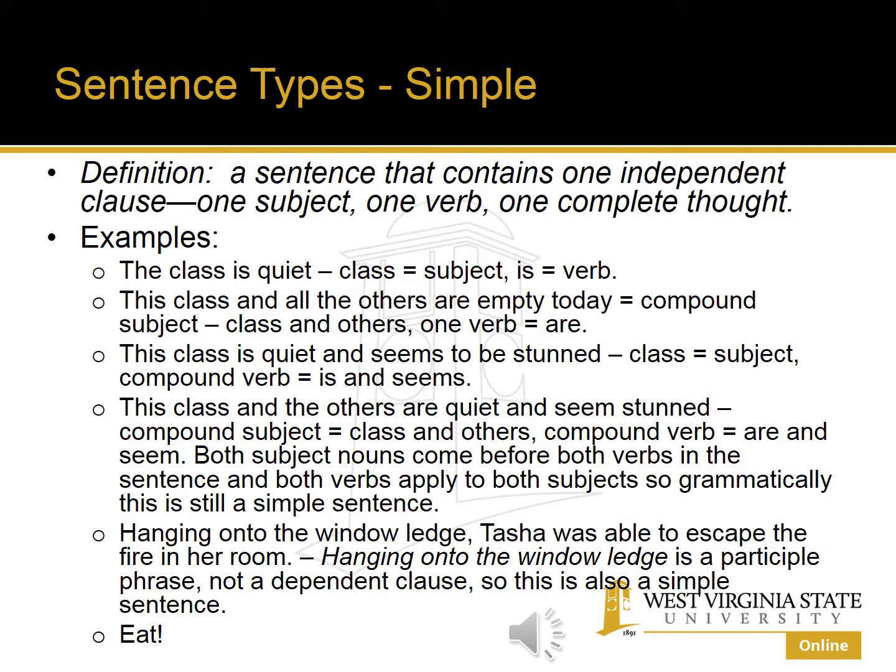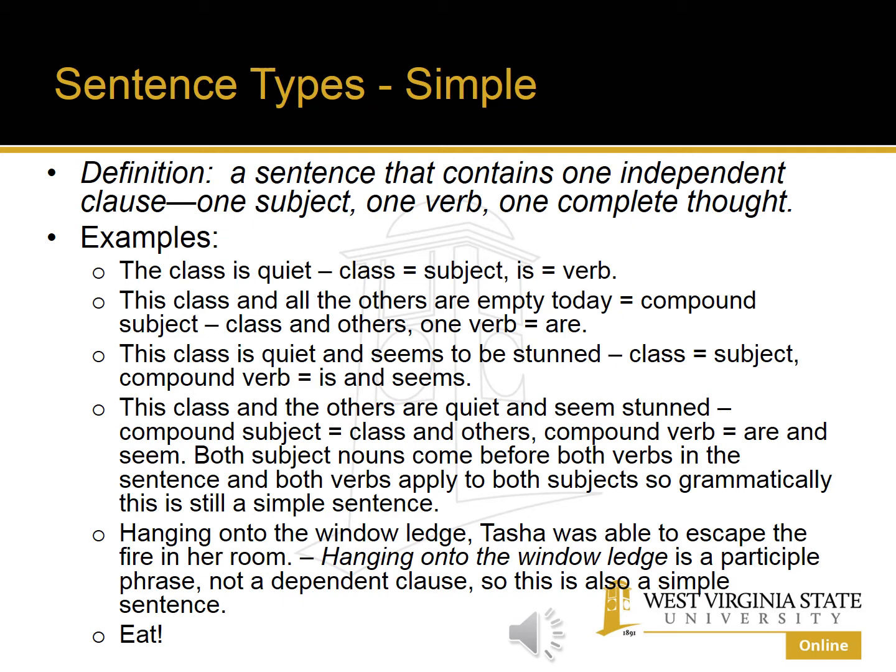Many would be tempted to call hanging onto the ledge a dependent or subordinating clause. But remember, the definition of a clause is that it must contain a verb and a subject. Hanging onto the window ledge is not a clause. It is a participial phrase. So this is still a simple sentence.